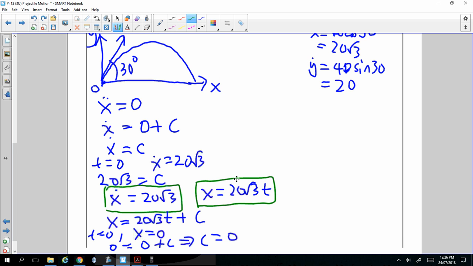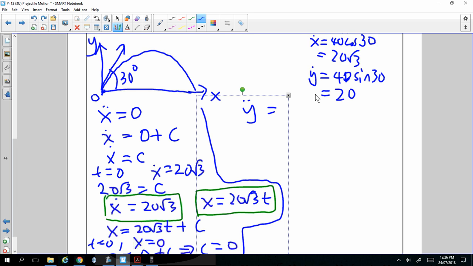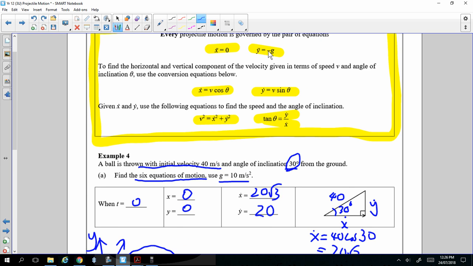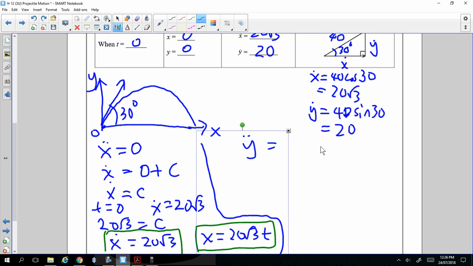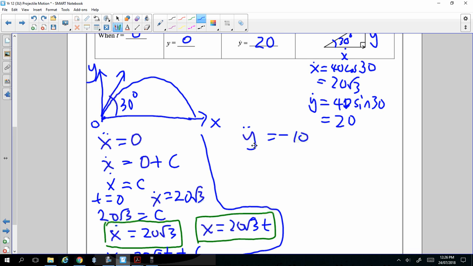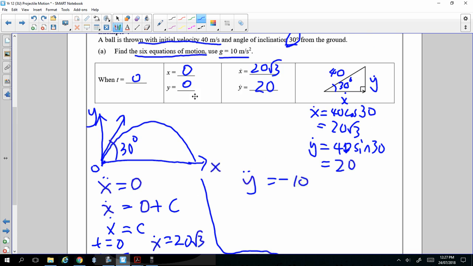Y double dot is always negative g. In that case, g is 10. So you write negative 10. Okay? And do the same thing again. Integrate to find y dot, integrate to find y, using the initial conditions that I've shown in the table. So let's do y dot. So y dot equals negative 10t plus c again.